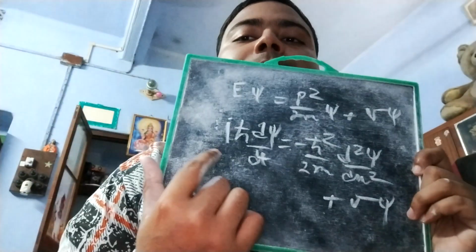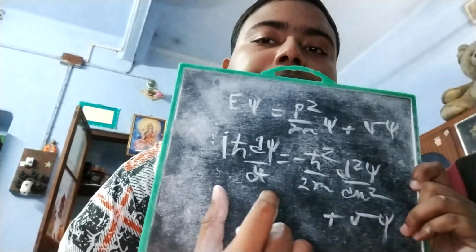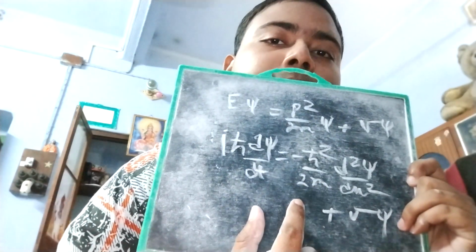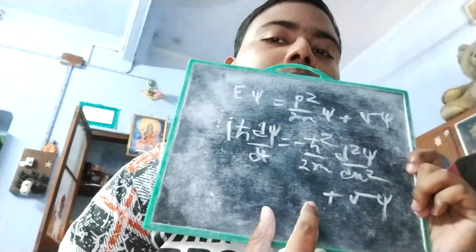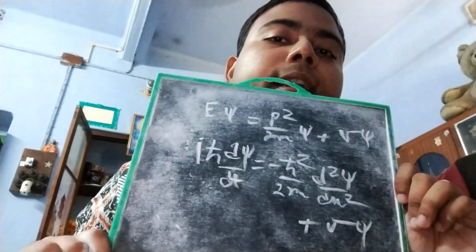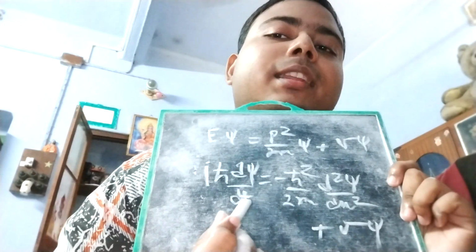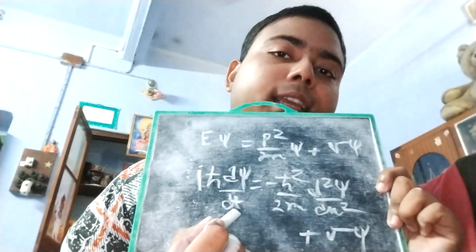So how does it turn out? The final equation turns out to be like this: i h cut d psi by dt equal to minus h cut square by 2m d2 psi by dx2 plus V psi. This is the time dependent Schrödinger's equation, one dimension equation. As you can see, the only variable here is x, meaning it's along the x axis.